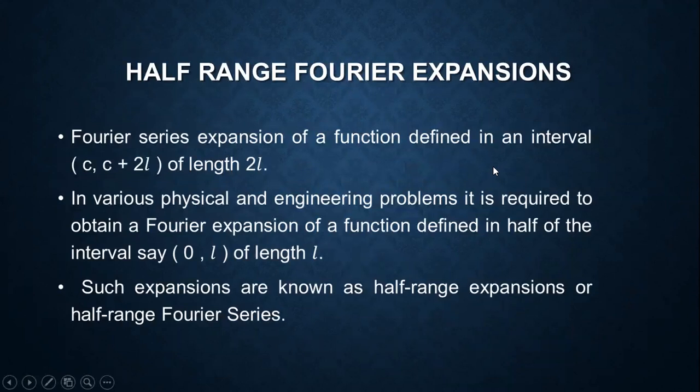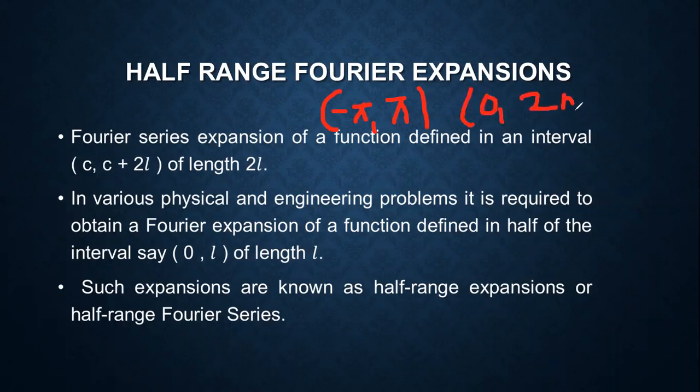In the previous classes we have seen that for any Fourier series, the given function is represented over an interval of minus pi to pi, or 0 to 2 pi, or c to c plus 2 pi.